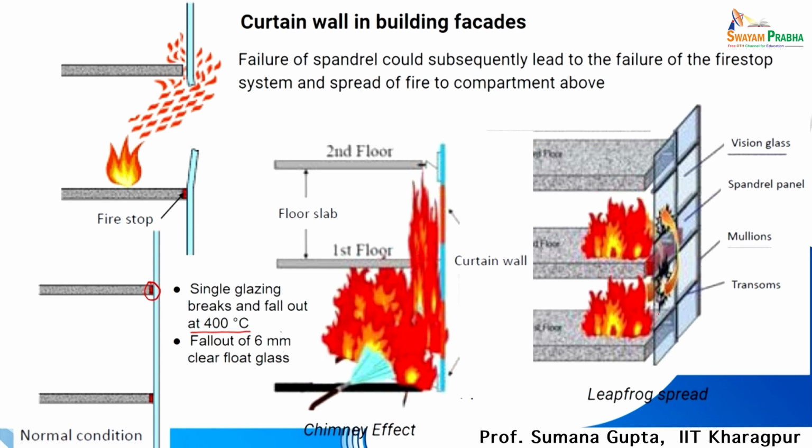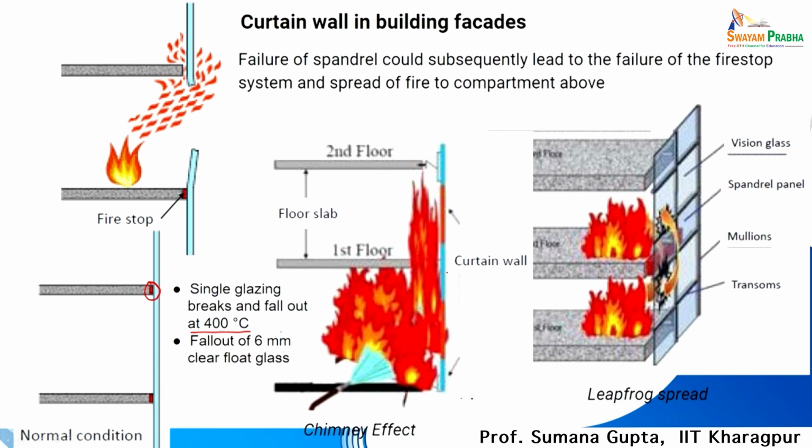This is called a leapfrog kind of spread. This is called a chimney spread. So, you are trying to exhaust this fire, but meanwhile, it has actually molten the sealant, and the fire is moving from the first floor to the second floor and maybe further to the third floor.